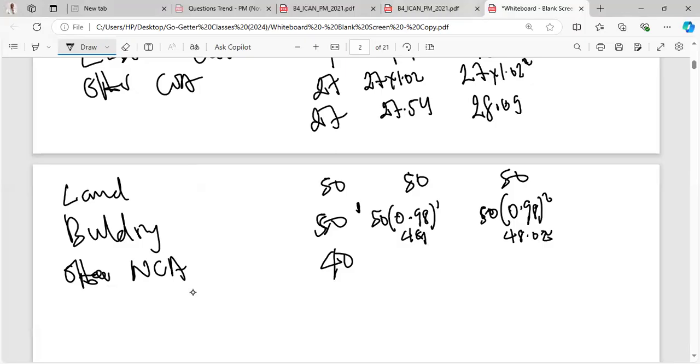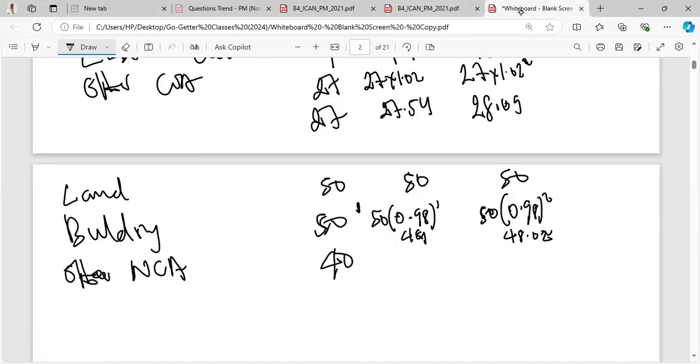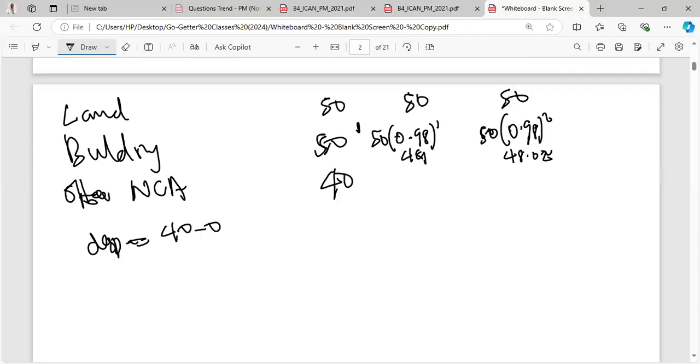Other non-current assets are depreciated over 8 years in straight line method. So what it means here is depreciation will be 40 minus 0, which is the residual value, divided by the number of useful life.